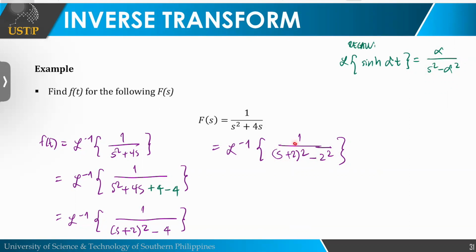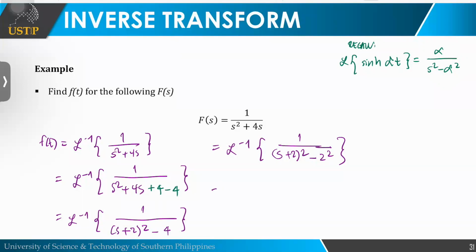However, your numerator is 1. But we know that the numerator should be equal to alpha, the constant below. So in order to make it 2, like before, we multiply by 2 over 2.